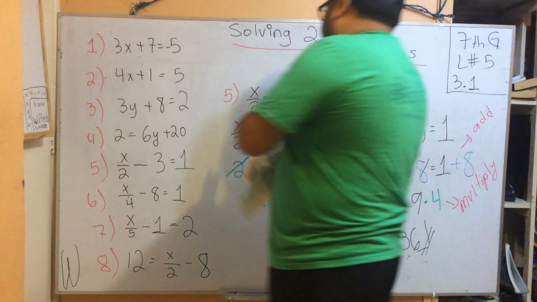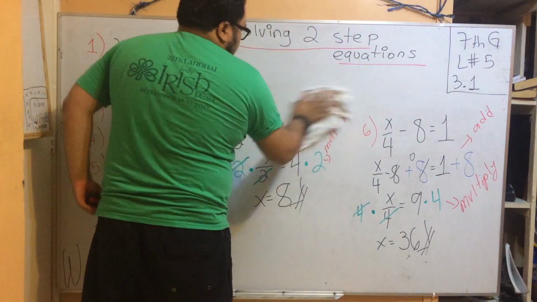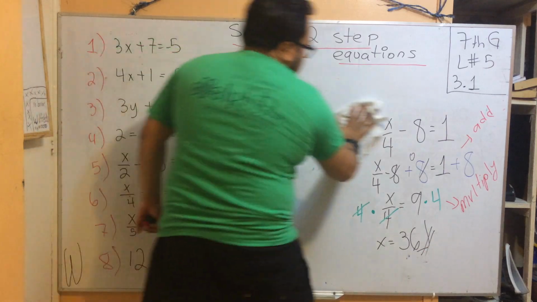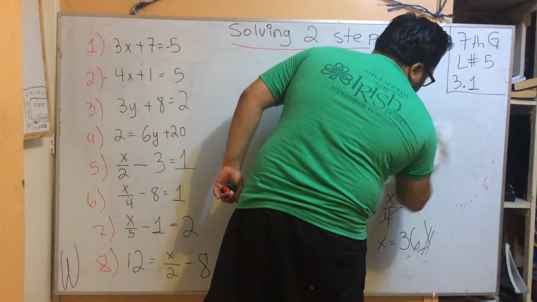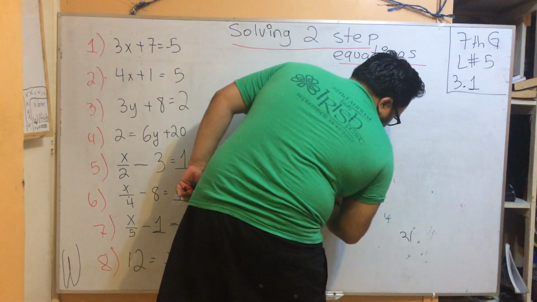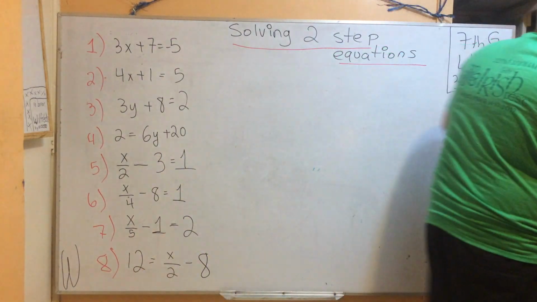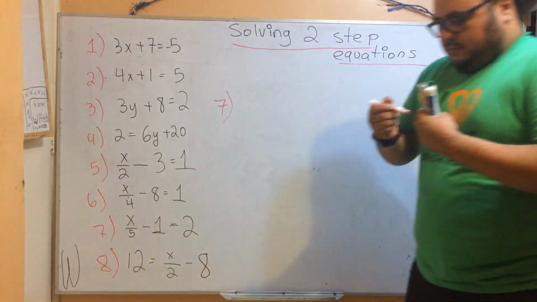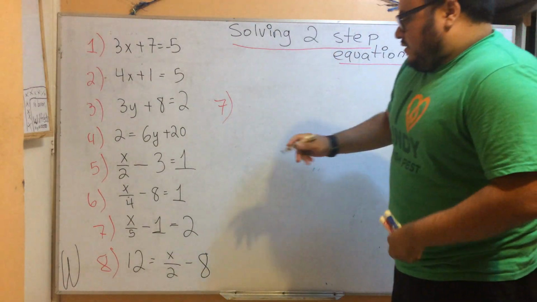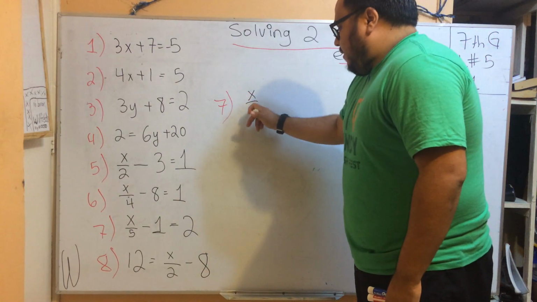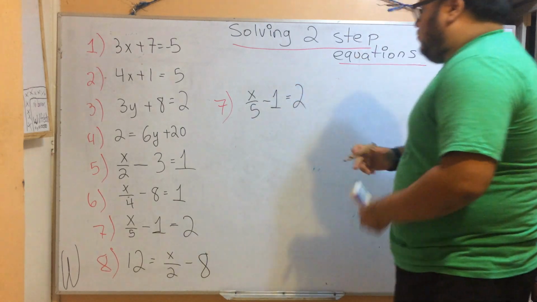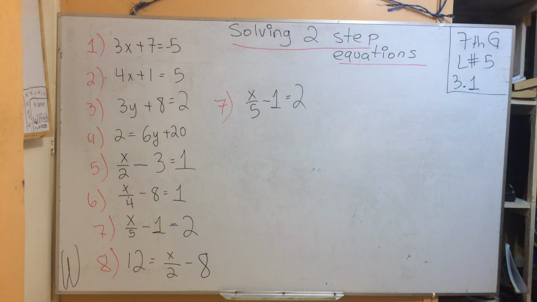Perfect. Okay. Now let's work on number 7. Number 7 says x divided by 5 minus 1 equals 2. So, what is the first step?